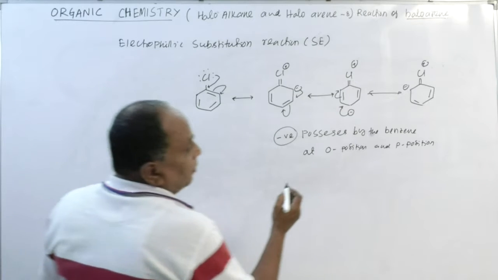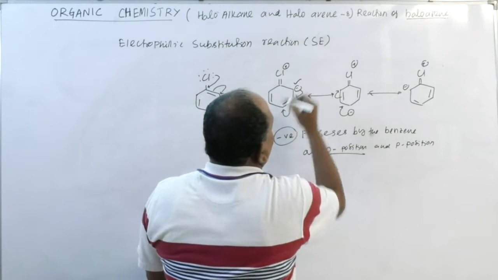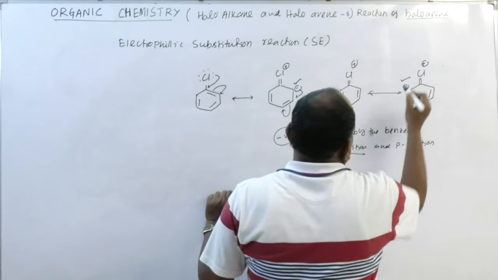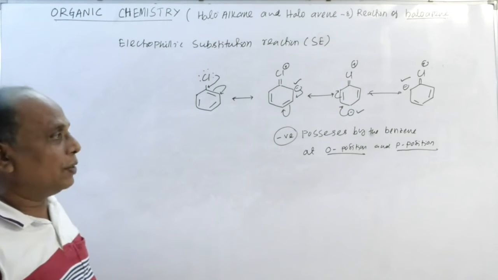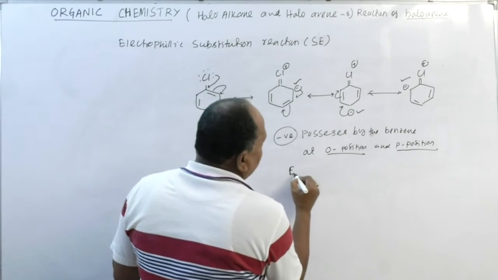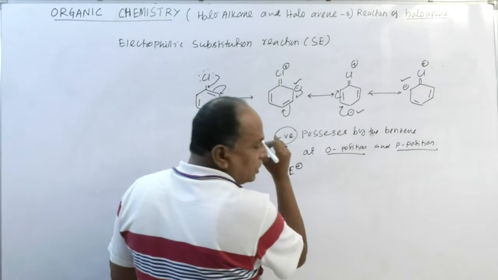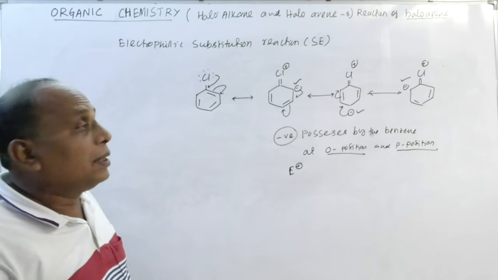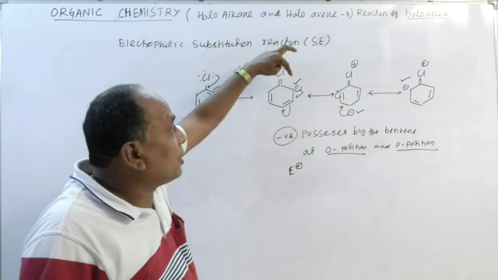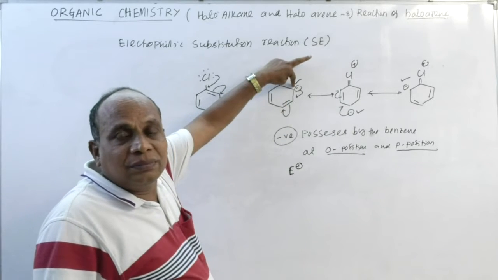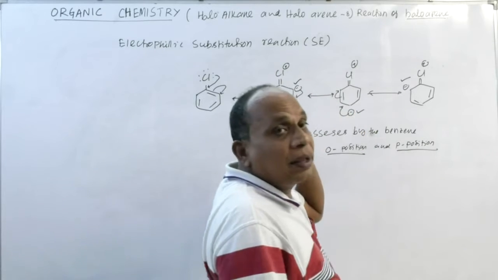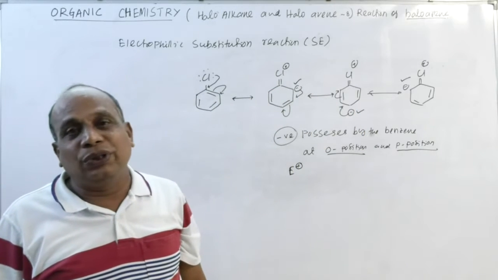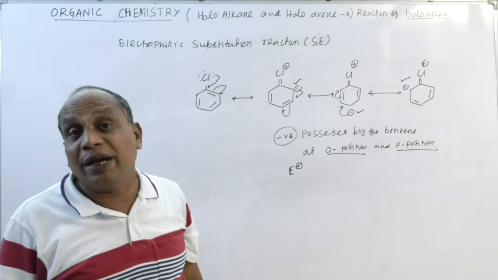You see, due to resonance, the negative charge is possessed at the ortho position as well as at the para position. So E plus is your electrophile. The electrophile must be substituted either at the ortho position or at the what position? Para position. Not any other position, not the meta position.